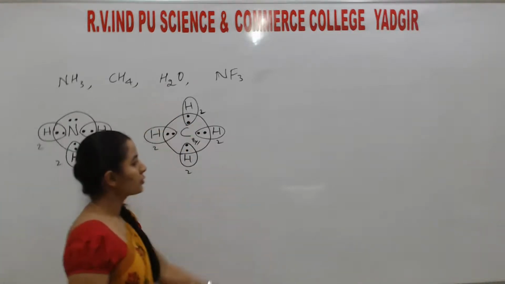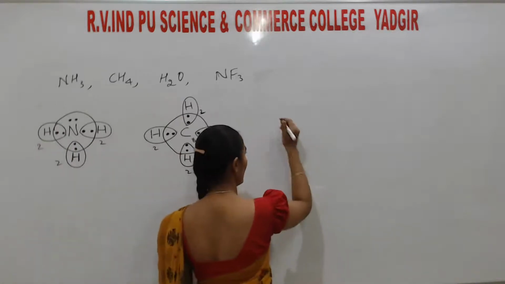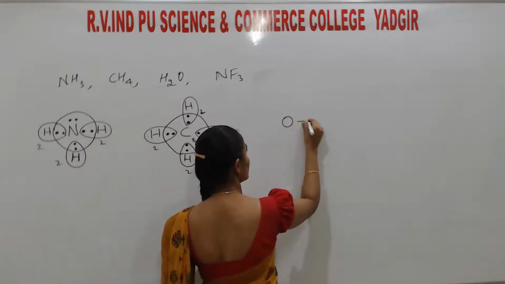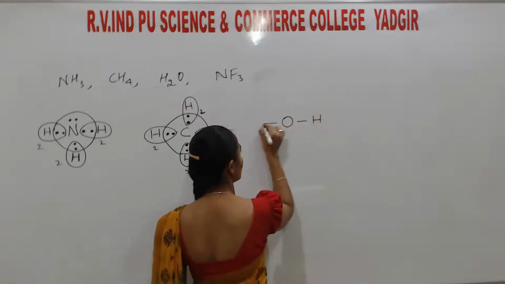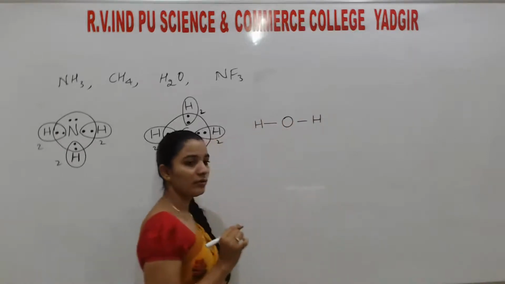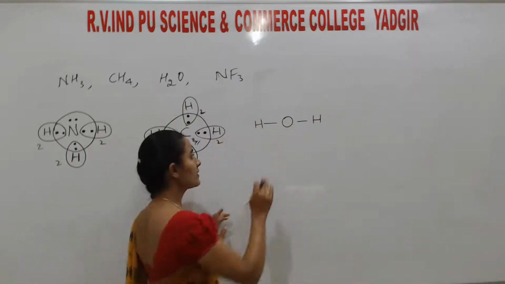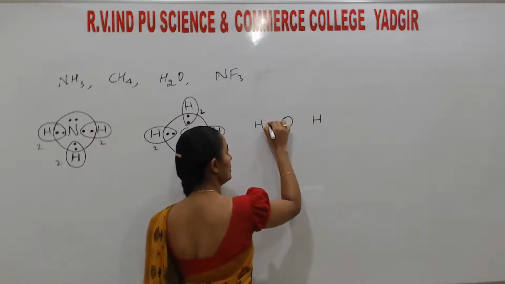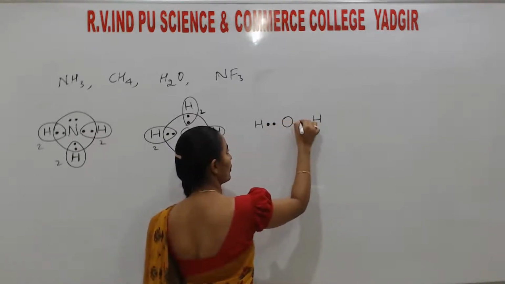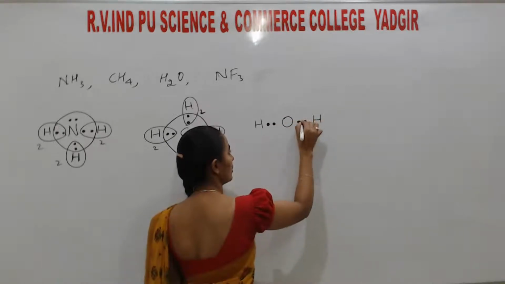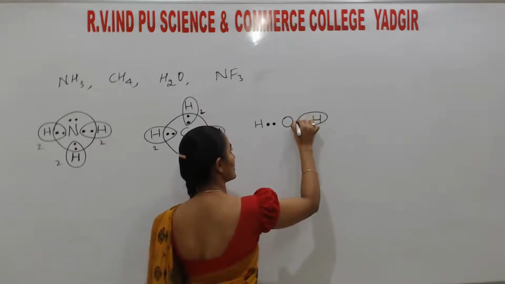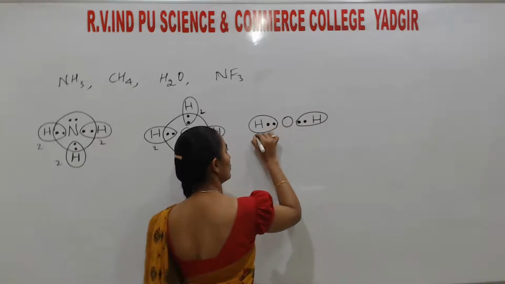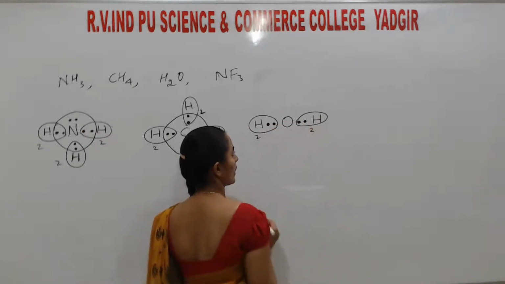Next thing is hydrogen and oxygen. So oxygen is like this, hydrogen like this, hydrogen. This is the structure of water. These bonds are, instead of lines, represented as electrons. So this hydrogen is satisfied with 2.